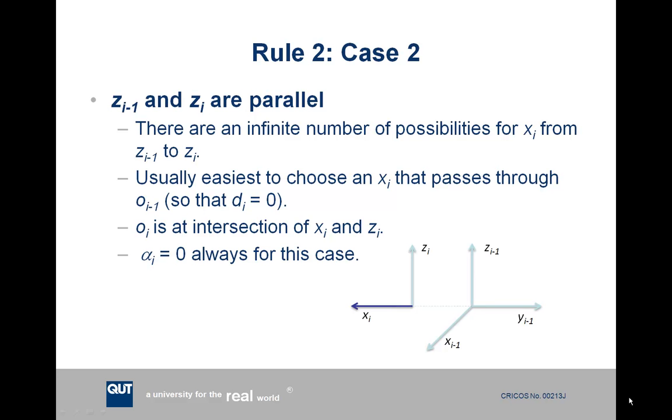We do this because it means that one of our parameters, d subscript i, becomes 0. And zeros are good, they make our math easy. Oi, the origin of reference frame i, is at the intersection of Xi and Zi, and alpha i, the twist parameter, is always 0 in this case. So that's good. That's another 0 parameter to make the math much easier when we have to go multiply matrices later on.